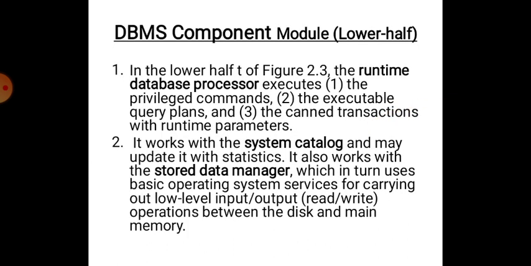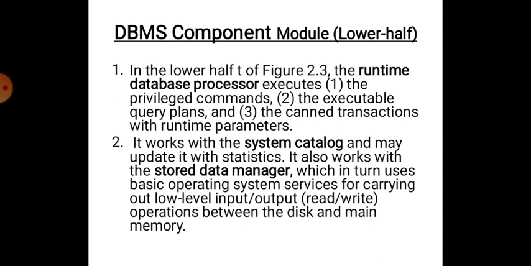Students, now we will consider the lower half of the DBMS component module. Point number 1. In the lower half of the figure, the runtime database processor executes 1. The privilege commands, 2. The executable query plans, and 3. The canned transactions with runtime parameters. Point number 2.